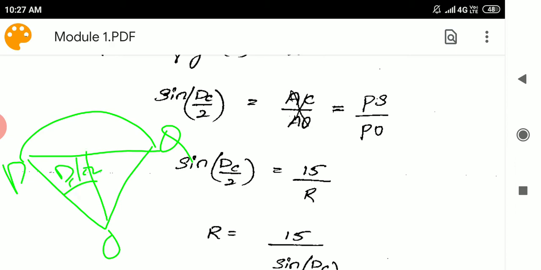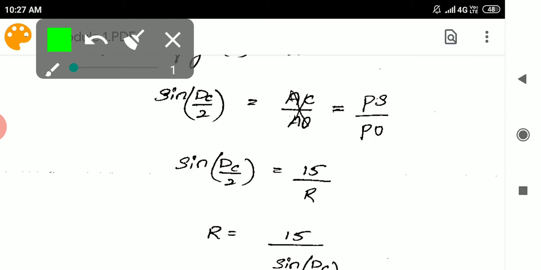So sin DC by 2 equals PS by PO, since sin equals base upon hypotenuse.